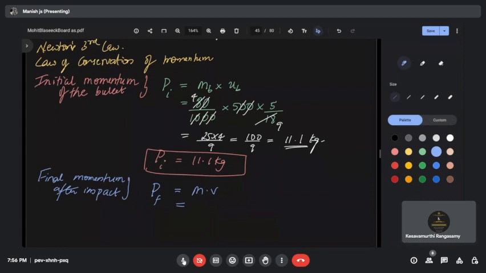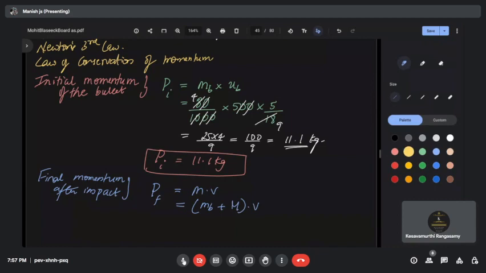After the bullet goes and embeds in the rectangular block, what would be the total mass? It is the mass of the bullet plus the mass of the block. So I can write this as mass of the bullet plus capital M, which is the mass of the block, into velocity v. So this is the relation that we get.